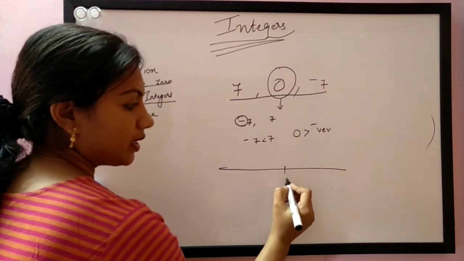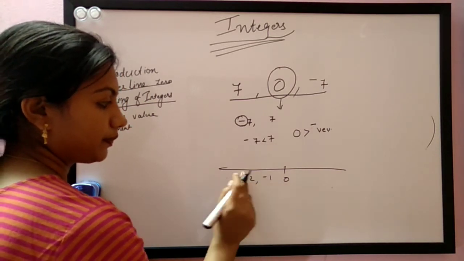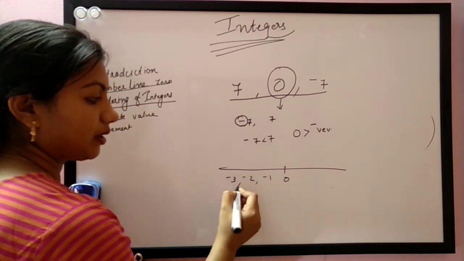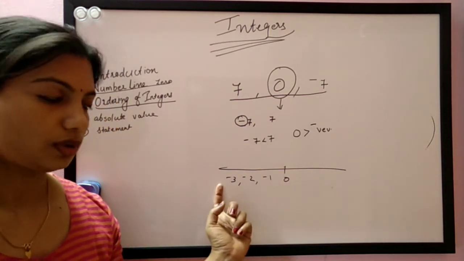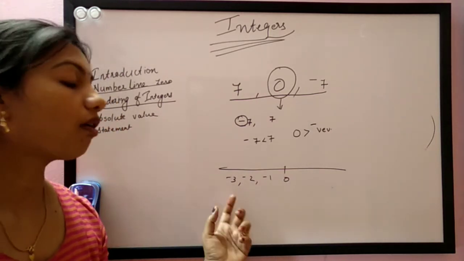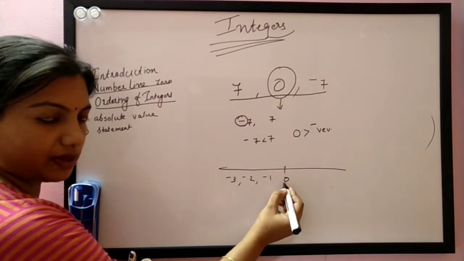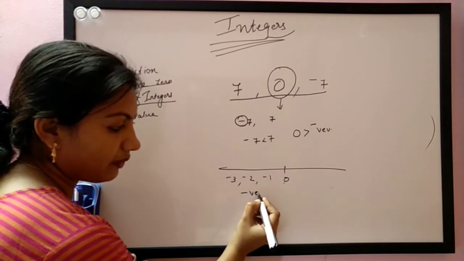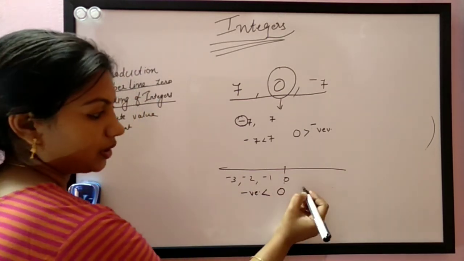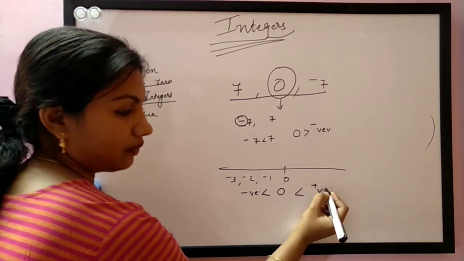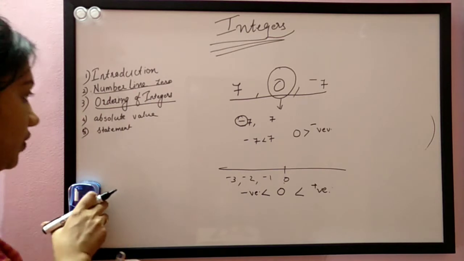That is why 0 comes here and all the negative numbers come here. You have to understand what is left of 0. Everything left of 0 is smaller than 0, so all the negative numbers. So negative numbers are less than 0, which is less than positive numbers. This is how the ordering of integers works.